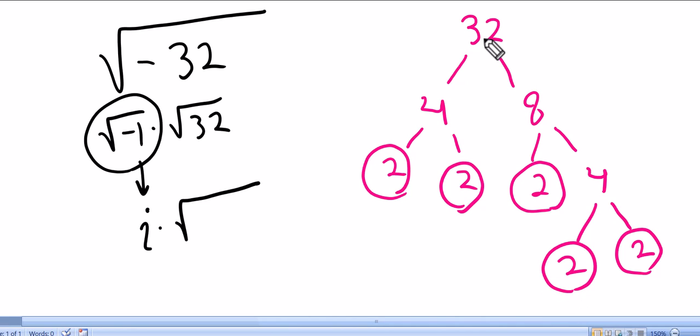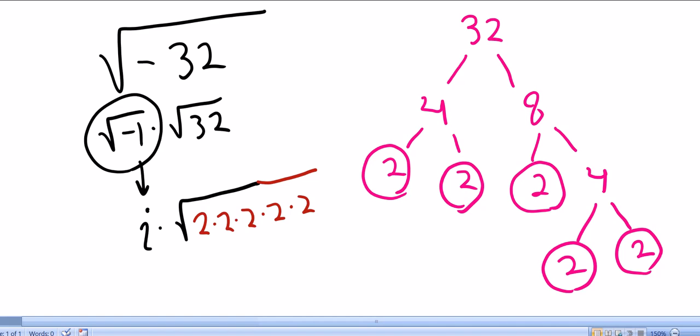So we can say that 32 is the same as saying 2 times 2 times 2 times 2 times 2. That is the prime factorization of that number. Don't trip, fam. This is elementary school. This is multiplication. We got this, okay?